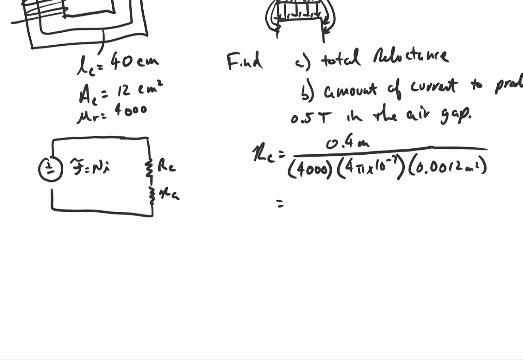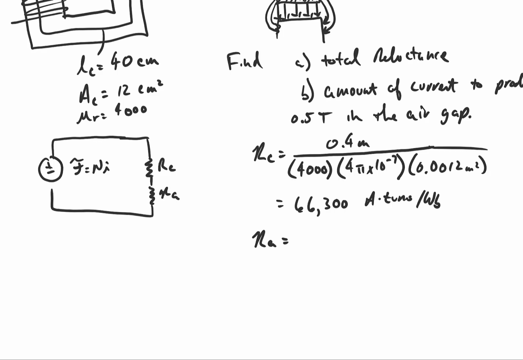And now if I compute through all this, I end up with about 66,300 ampere turns per Weber. That's my core reluctance.